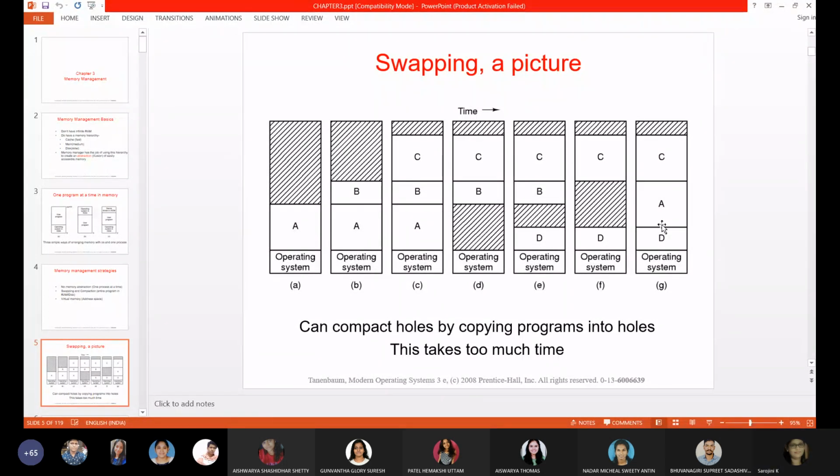Now, what you will write about swapping: there are two memory management strategies which allow multiple processes. Totally there are three strategies, but we are not considering no abstraction, because that is uniprocessing. So the two strategies are swapping and virtual memory.